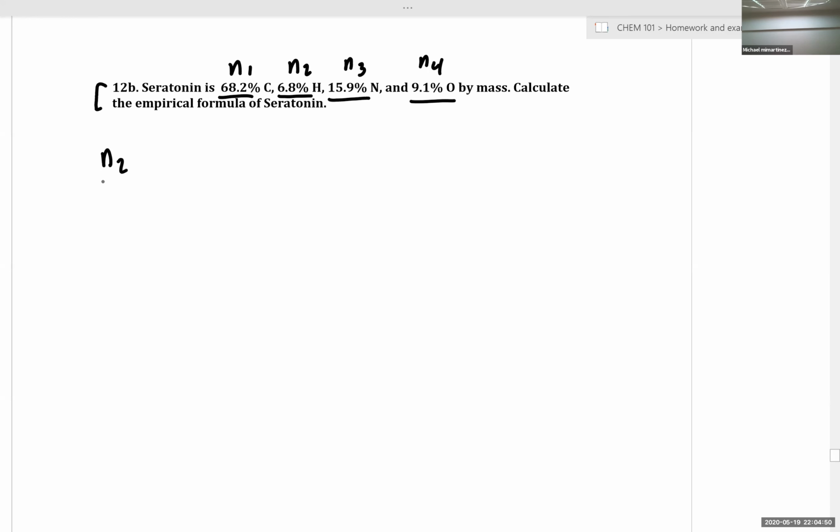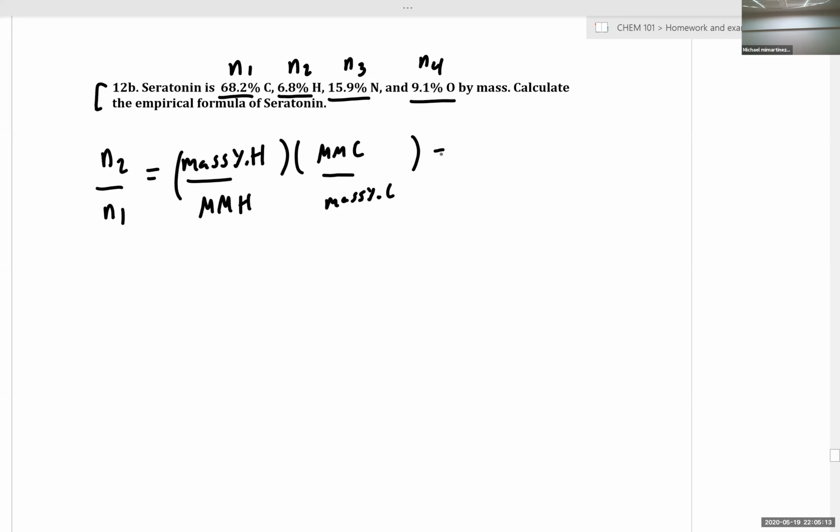So N2 over N1 is equal to the mass percentage of hydrogen over the molar mass of hydrogen times the molar mass of carbon over the mass percentage of carbon, which in turn simplifies to 6.8% over 1 times 12 over 68.2.